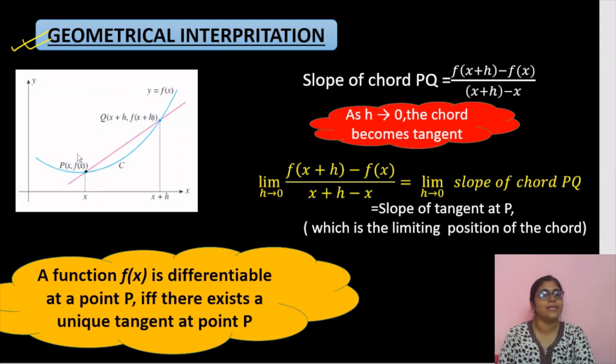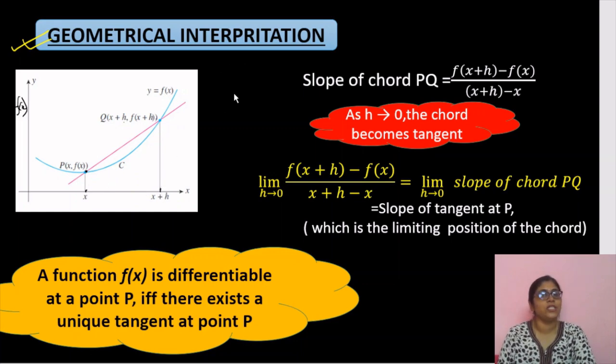And the coordinates of P are x and f(x), because we have taken x on the x-axis and on the y-axis we have taken its function, that is f(x). And Q is another point whose coordinates are x plus h and f(x plus h). So this is x and this is x plus h.